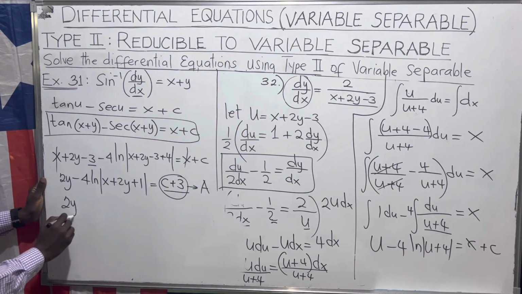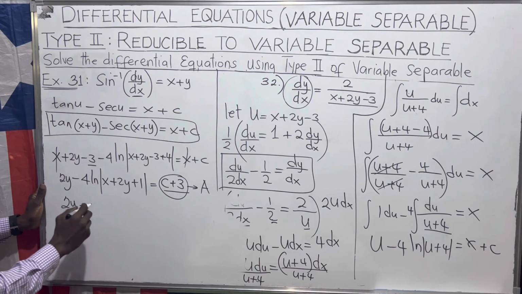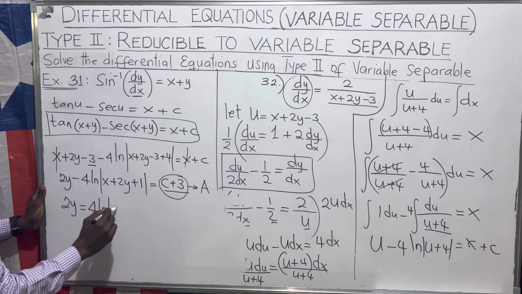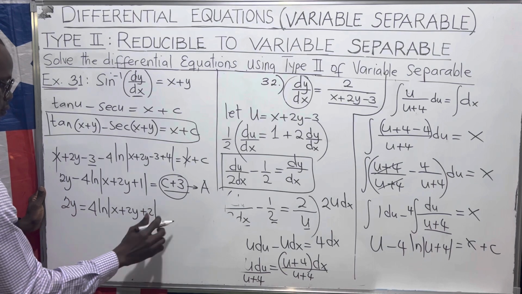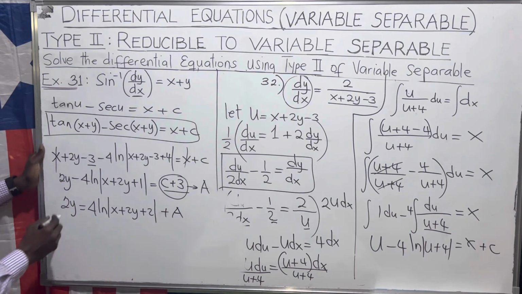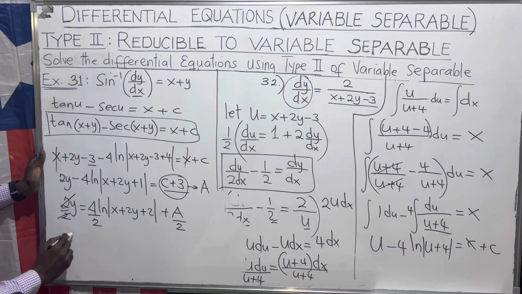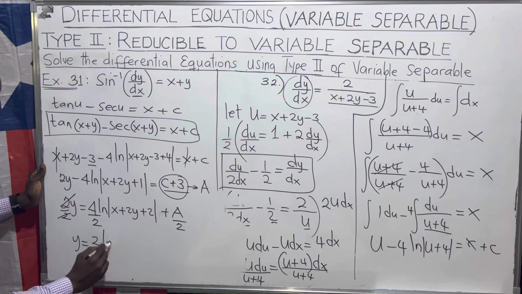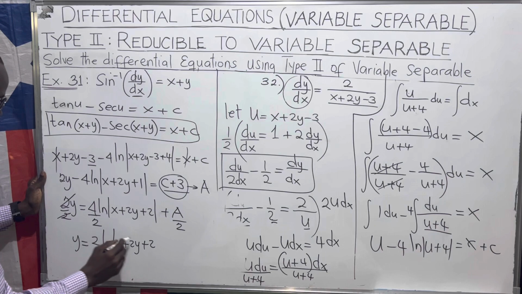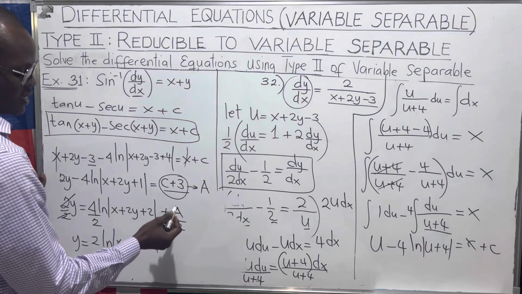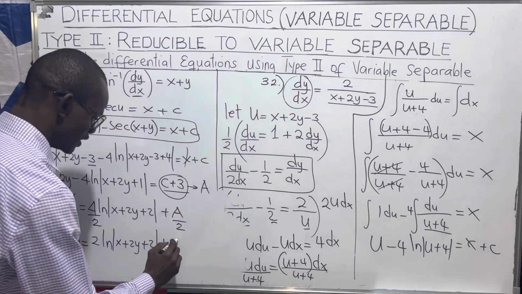Now we can have 2y equals, so we can just send it across. It will be positive 4 the ln of x plus 2y plus 1 plus a. So I can divide all sides by 2. So y will be 2 the ln of x plus 2y plus 1 plus, now a constant divided by a constant is a constant.